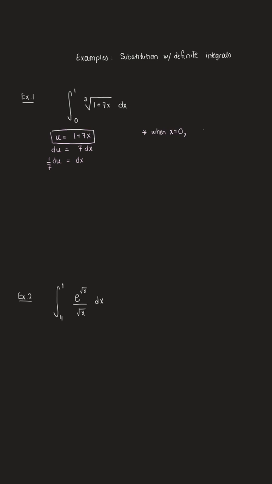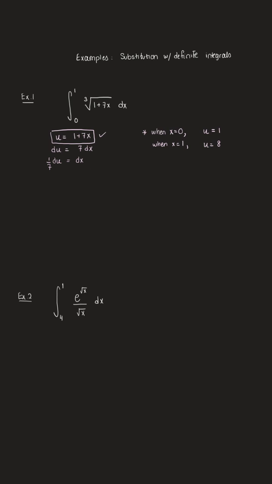So we can plug 0 in for x there and find our lower limit of integration for our u integral. So when x is 0, u will be 1. And when x is 1, which is the upper limit in our original integral in terms of x, then u will be 8, using the relationship between u and x.